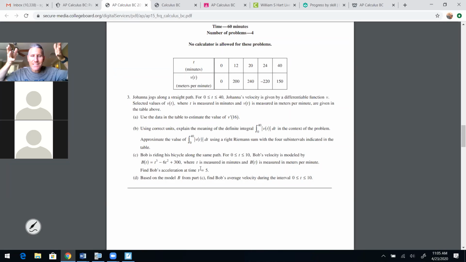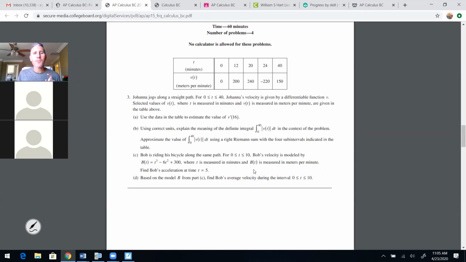So if you're given the distance function and asked to find the average velocity, that's f of b minus f of a over b minus a, an average rate of change. That is not what we have here, because here they give us the velocity function. They're asking for the average of this function, because this function is the velocity.